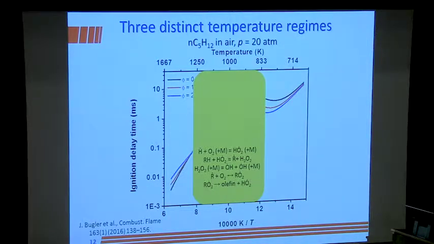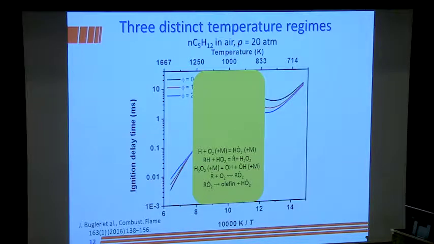So these are the important reactions at intermediate temperatures. I spoke a bit about this yesterday, so I'm not going to talk much about the H plus O2 plus M reaction today, but I'll talk about the others and where we get the rate constants for those reactions.